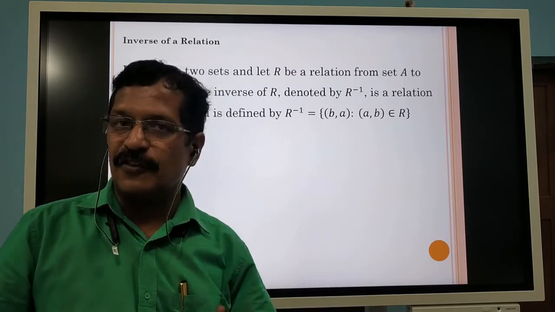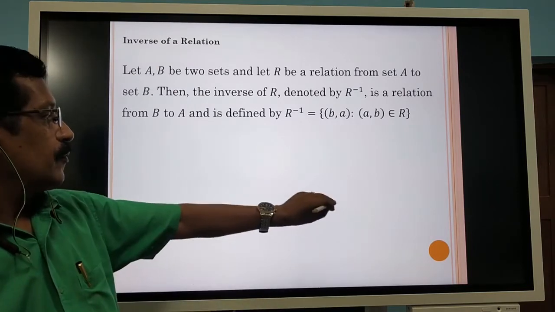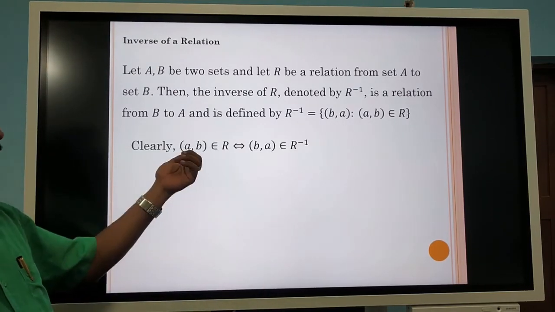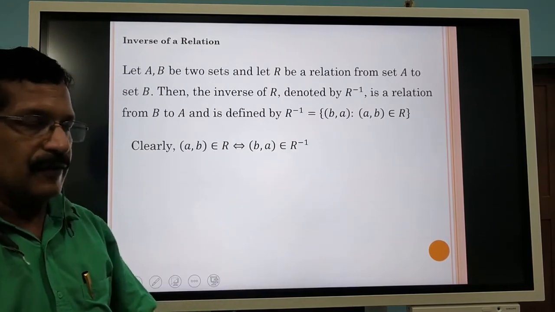Then that relation is called the inverse of R. Clearly, (a, b) belongs to R if and only if (b, a) belongs to R inverse.